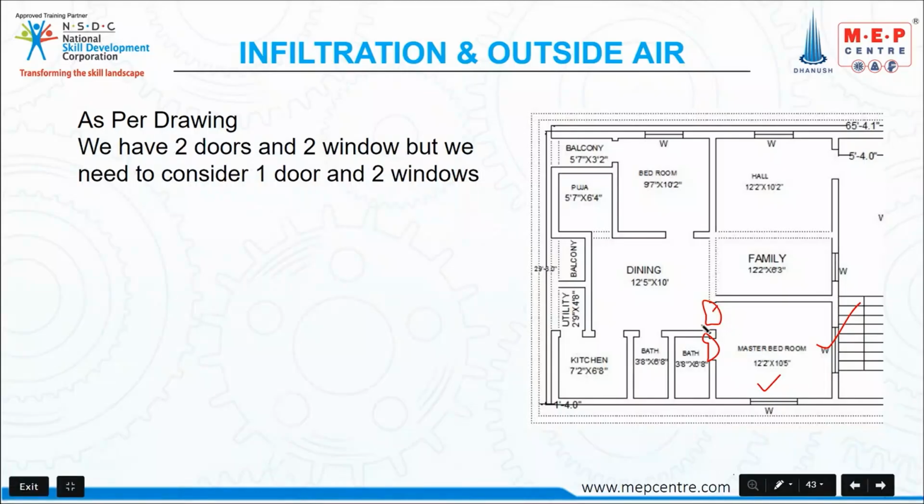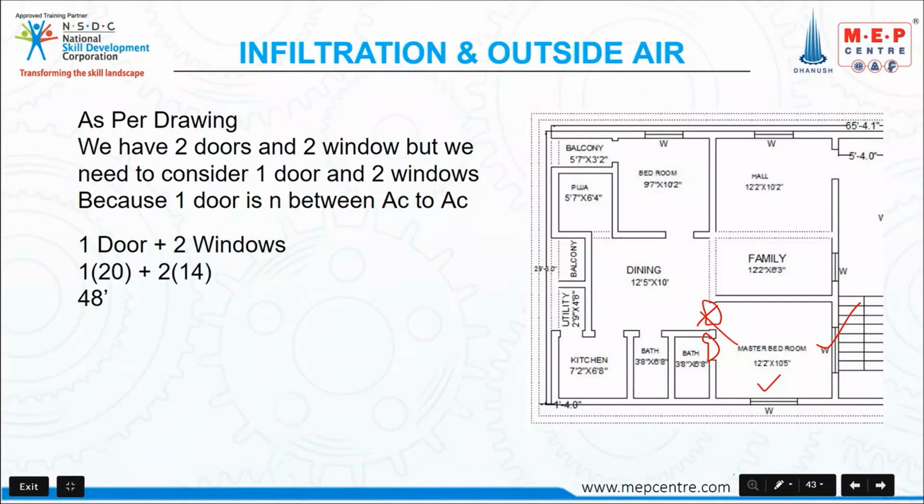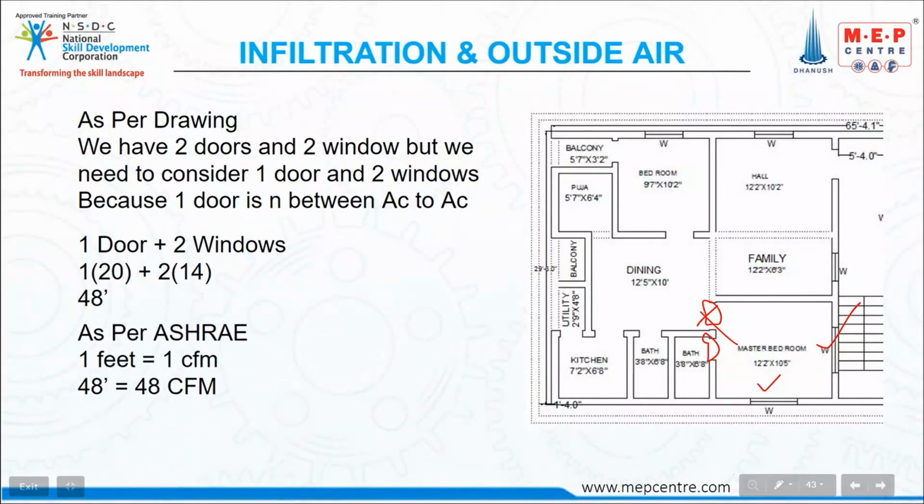Why? Because this other door I am not considering. The reason is that it is between AC space and AC space. So we have 1 door and 2 windows, which is 1 into 20 plus 2 into 14, 48 feet.